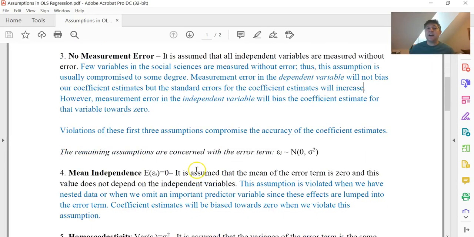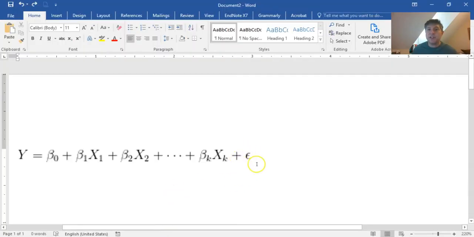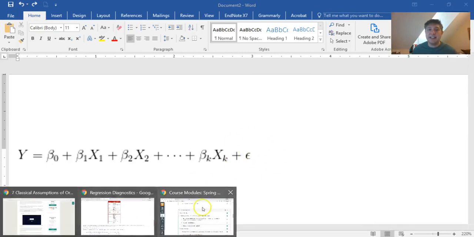So the remaining assumptions here are really concerned with the error term, or you might hear it called the stochastic part of the regression model. So we're concerned with these errors here.